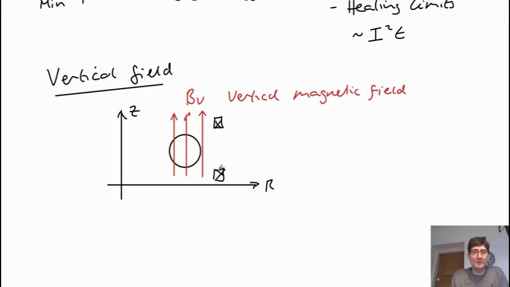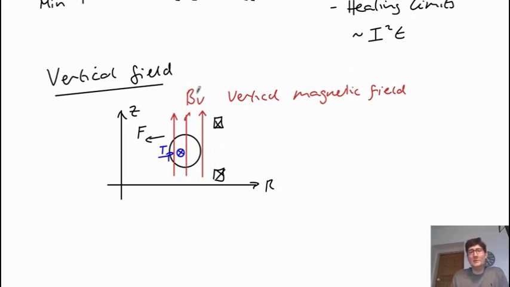If these both carry current into the page, they'll both make magnetic field going upwards. And this vertical field will combine with the plasma current. So we have an I_P, an example of an I_P like this. This will produce an inwards force. So this gives us a force inwards. That's the force due to the vertical magnetic field.